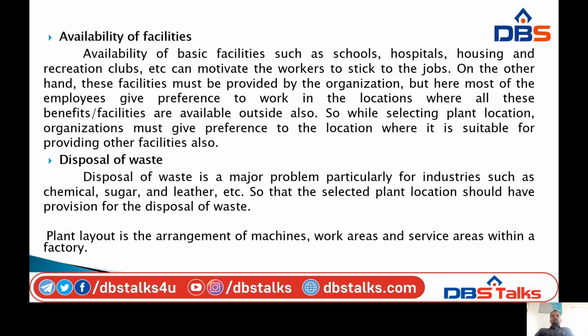On the other hand, these facilities must be provided by the organization, but most of the employees give preference to work in locations where all these benefits or facilities are available outside also. So while selecting a plant location, the organization must give preference to the location suitable for providing other facilities also.